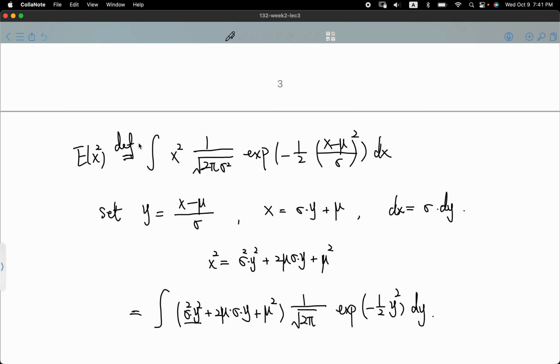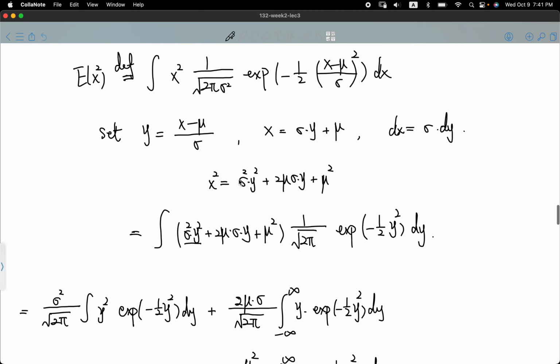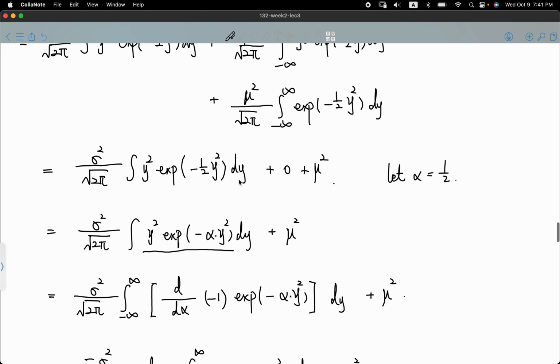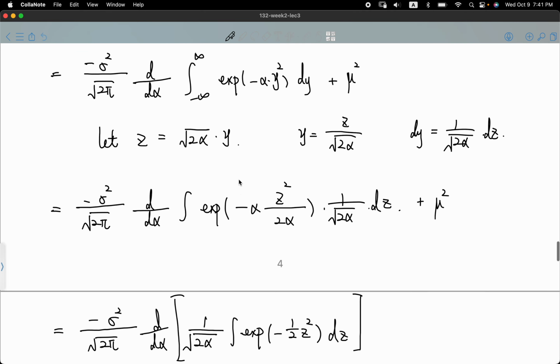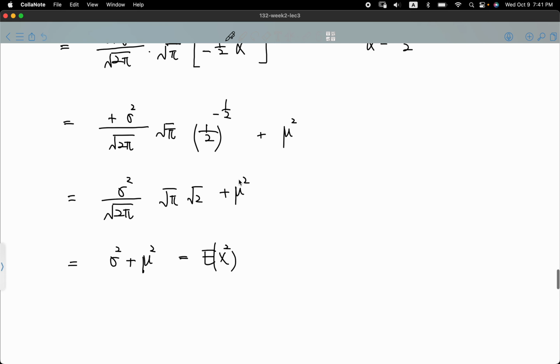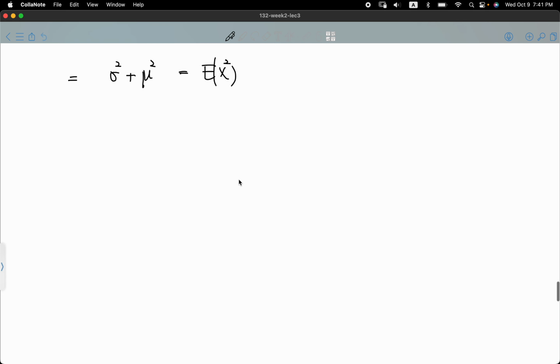This is the definition. And then we use different mathematical tools to derive this statistical quantity here. Okay, so now let's just revisit our quantities so far. E of x equal to mu. E of x square equal to sigma square plus mu square.